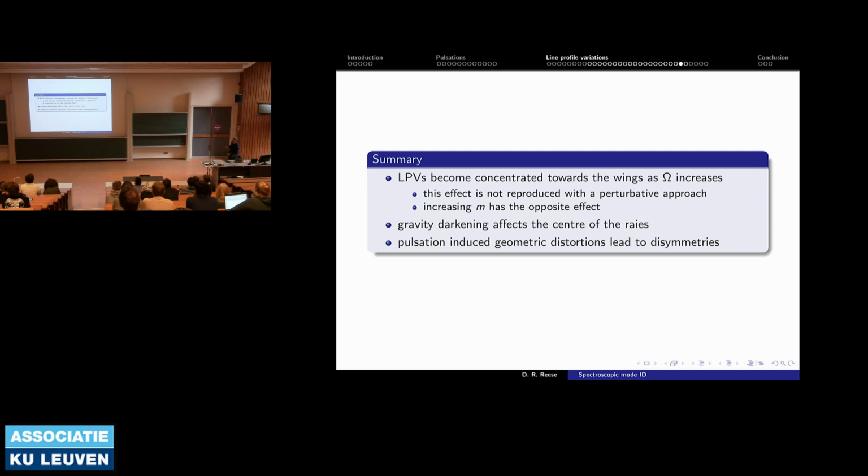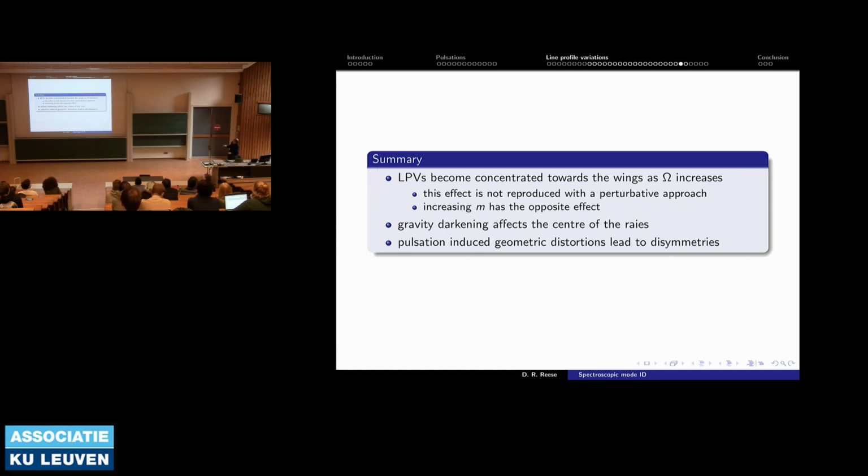Okay, so in summary, as the rotation rate increases, line profile variations become concentrated towards the wings of absorption lines. However, this effect is not fully reproduced by a perturbative approach.